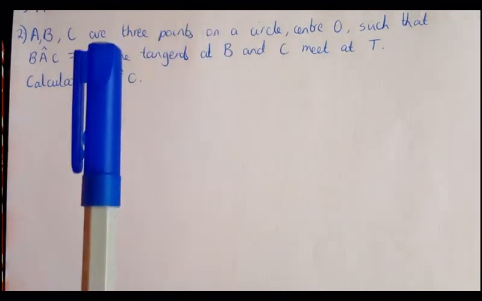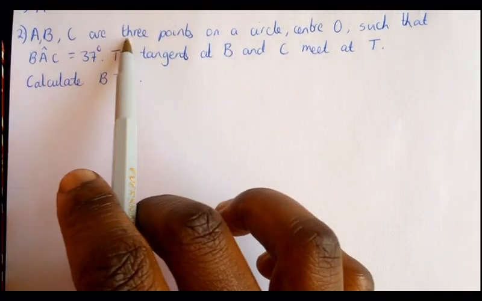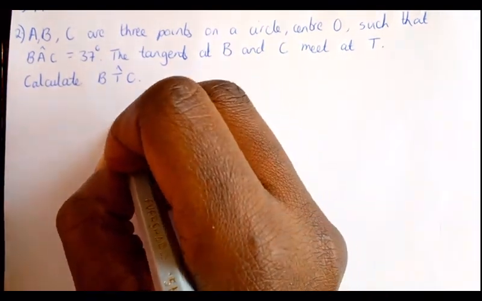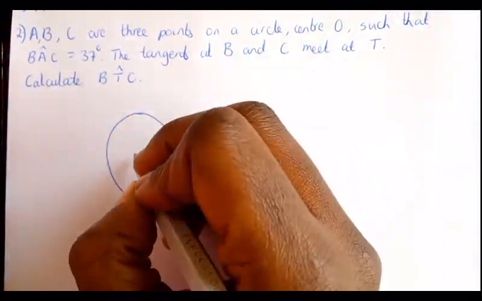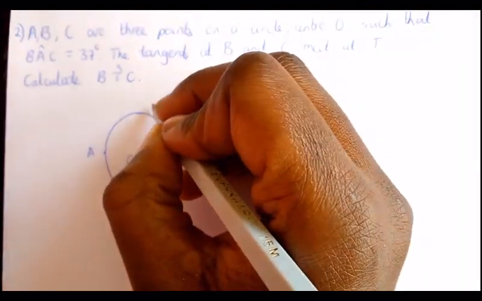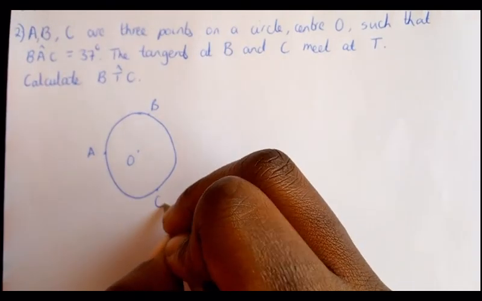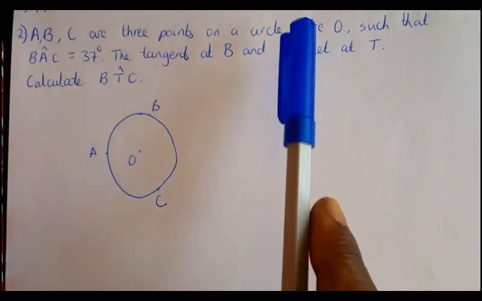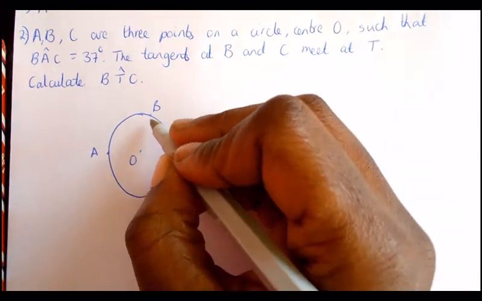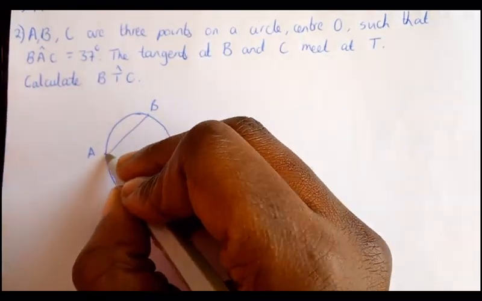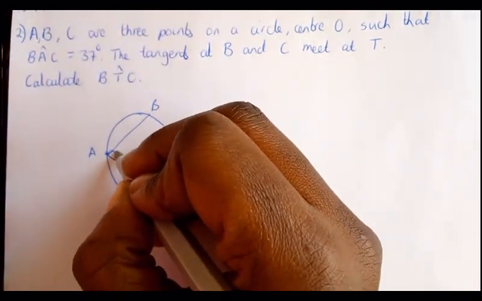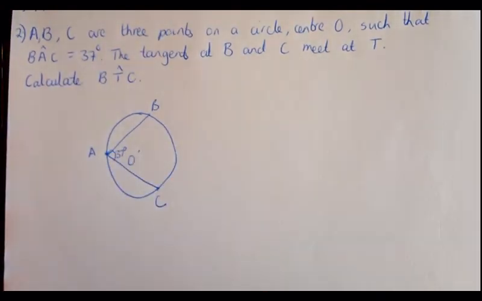Now example 2. A, B, C are 3 points on a circle, center O. So we draw our circle, center is O, and we have points A, B, and point C, such that BAC is equal to 37 degrees. This is BAC is equal to 37 degrees, like this.